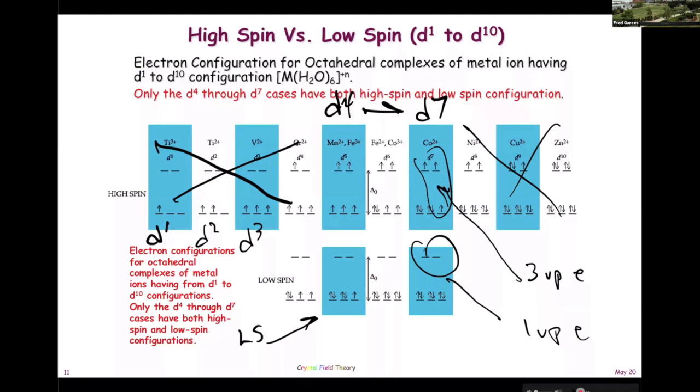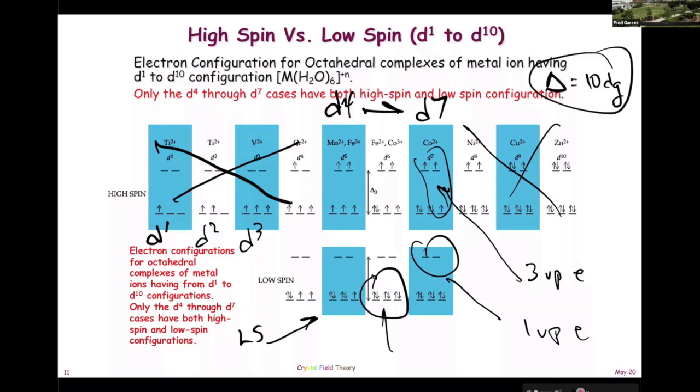Depending on how many unpaired electrons you have, more degree of paramagnetism. When you have 0 unpaired electrons, like in this case right here, there's a d6 right here. There are no unpaired electrons there. It's called diamagnetic.